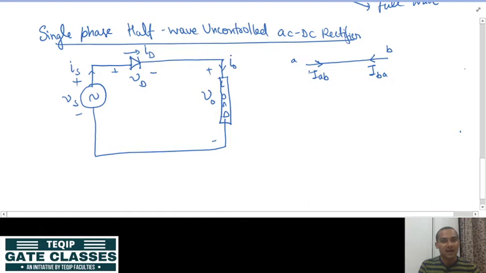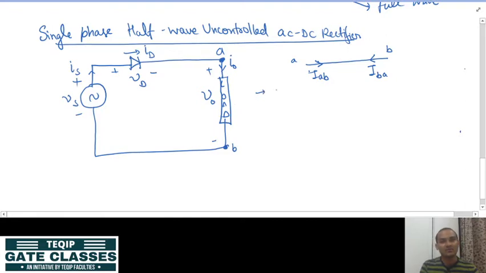Another thing, when we are defining the output voltage or load voltage, that is terminal to terminal, A to B. Why am I saying so? Because we are going to deal with a variety of loads when we study AC/DC rectifiers.